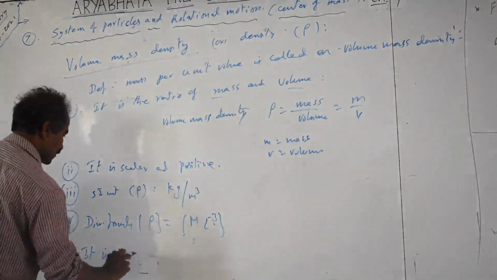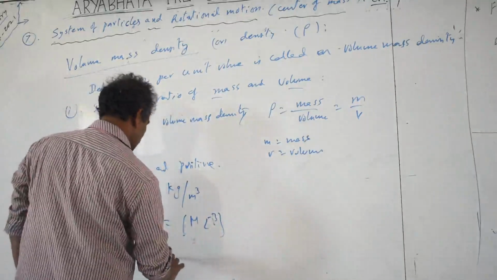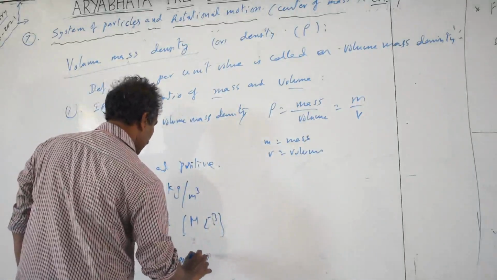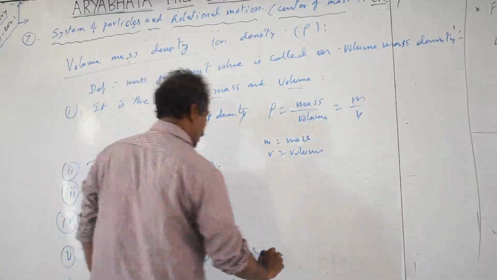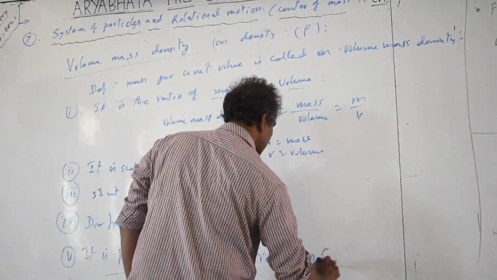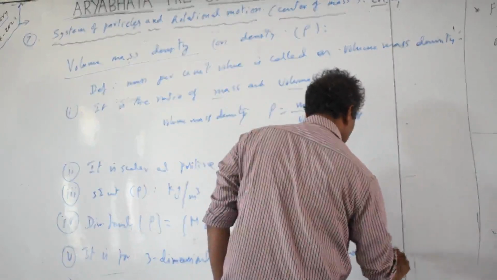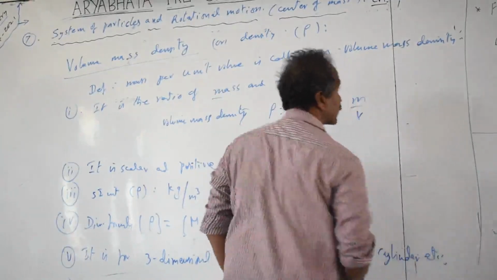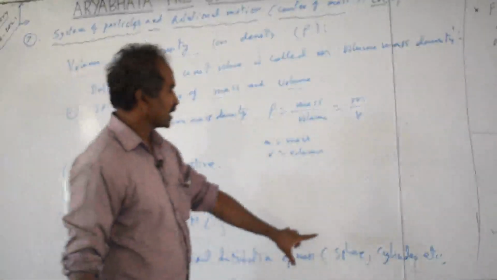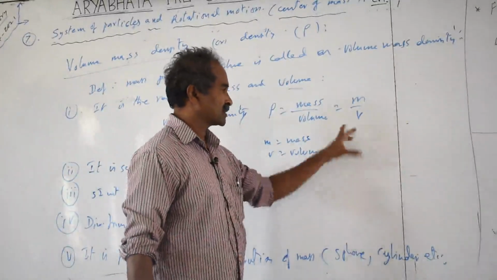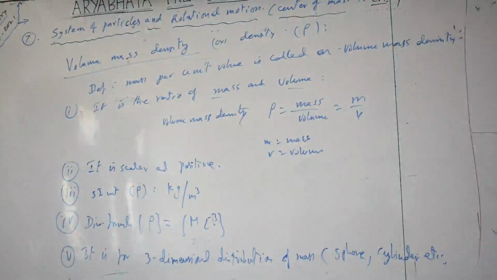Thickness also we are considering here, then it is 3-dimensional distribution of mass. That is for sphere, cylinder, etc. Volume for the sphere becomes 4 by 3 pi r cube. For cylinder, base area pi r square into length L is the volume.